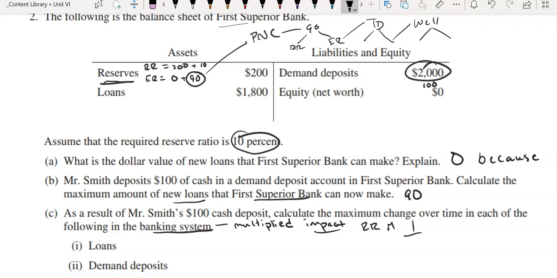So we're going to find 1 over 0.1, and we know that the multiplied impact of all loans made is going to be 10. So, if that's the case, and we know that that initial loanable money is 90, that 90 goes out, is multiplied through the economy 10 times to create a total change in the banking system of $900.